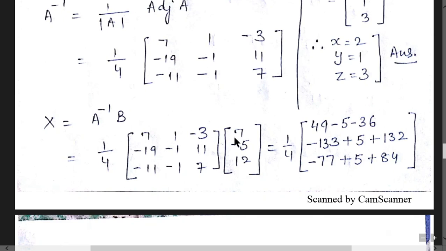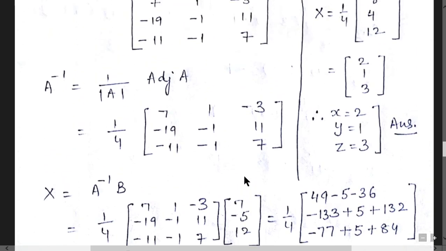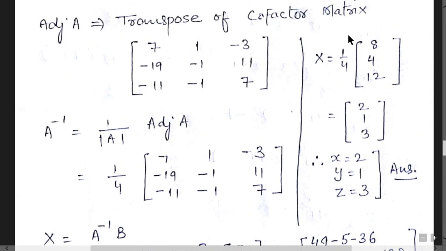Then multiply 49 minus 5 minus 36, then 133, 19 into 7 plus 5 plus 132, 132 is 11 multiplied 12, then minus 77 plus 5 plus 84. You will get these values 1 over 4 into 8, 4 and 12. Clearly, when these values are divided by 4, it will give us 2, 1 and 3. It means x is equal to 2, y is equal to 1 and z is equal to 3.